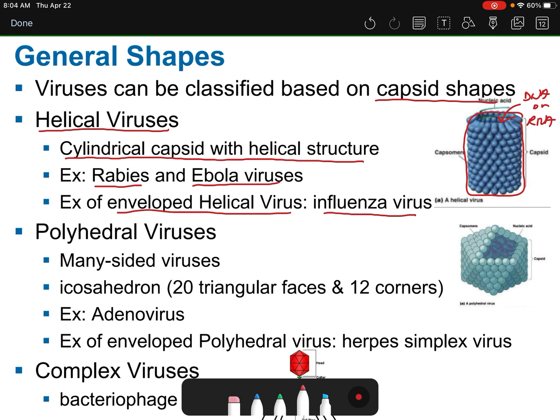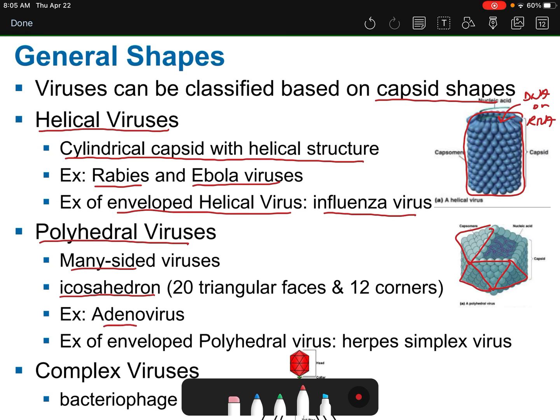But many virus shapes are what we call polyhedral viruses. That just means they're many-sided. In fact, the main shape is what's called an icosahedron, meaning it has 20 triangular faces and 12 corners. So you can see here's one triangle, another one there, and so on. It keeps forming, okay?